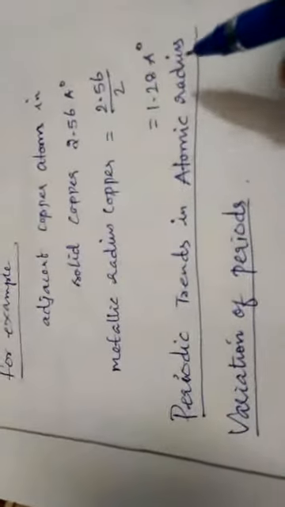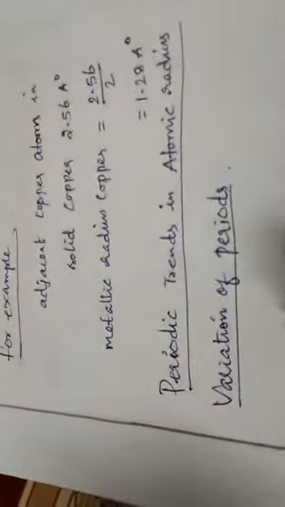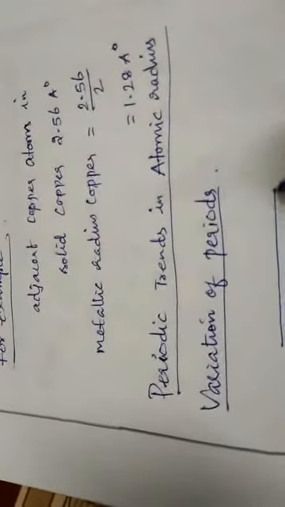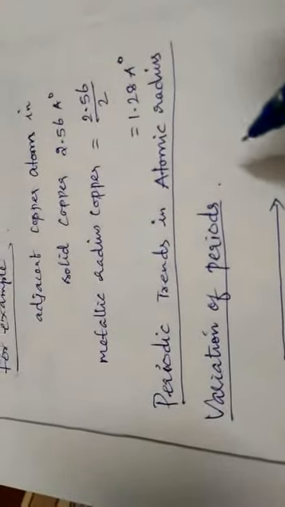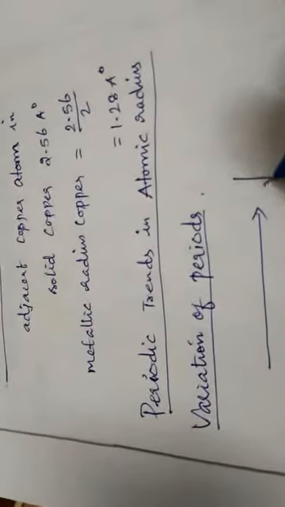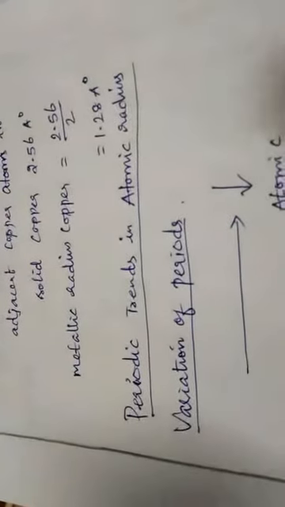Next, periodic trends in atomic radius. First one, variation in periods. Atomic radius going left to right along the period will decrease. Why does it decrease?